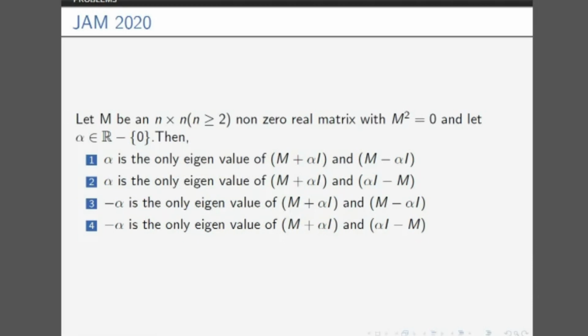Option D, ma'am. Option B and D. No, actually B only. You should read the option. It says it is the only eigenvalue, so you cannot say both options here anyhow. Okay, B. And any other answers?